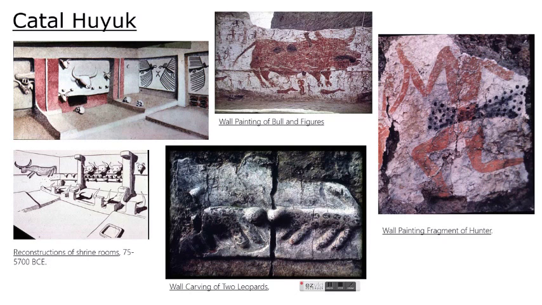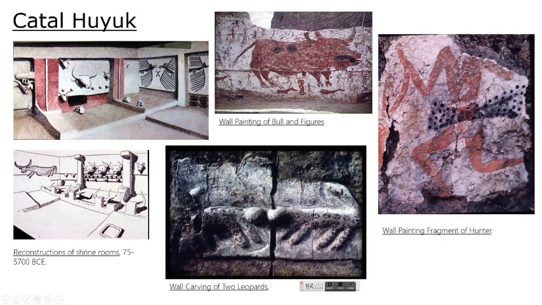And one of the things I wanted to go over one more time was the idea that in the Neolithic culture we see echoes of some of the things that we saw in the Paleolithic. So we see frescoes, wall paintings that are similar to what we saw in cave paintings.